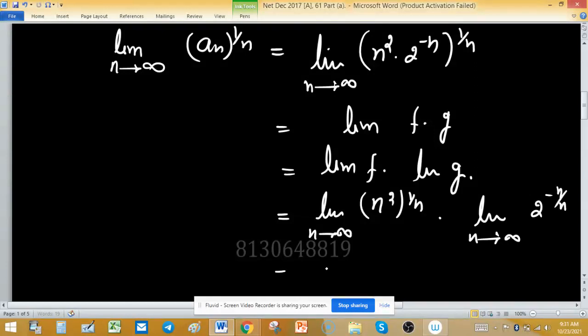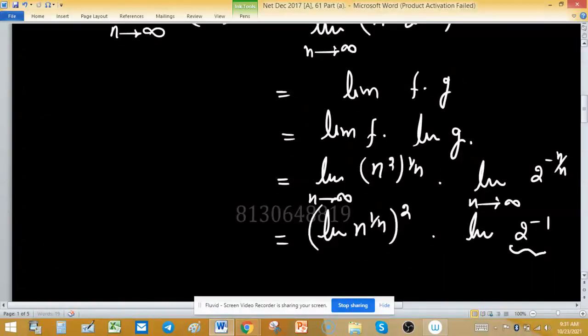So I can write the limit of n raised to the power 1 upon n, whole square, into the limit of 2 raised to the power minus 1, and this is constant, so the limit is the same.